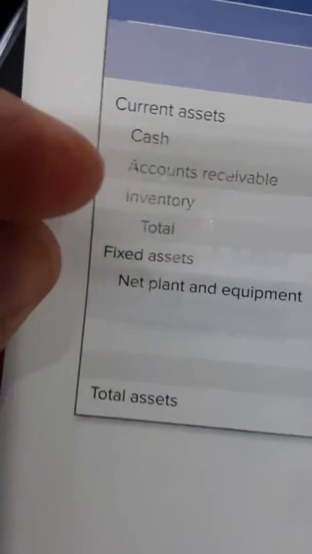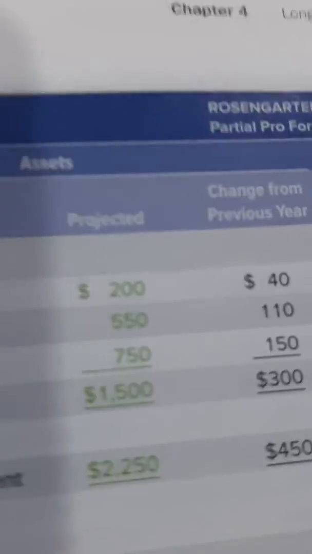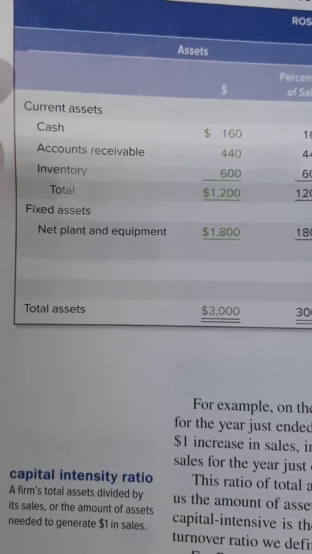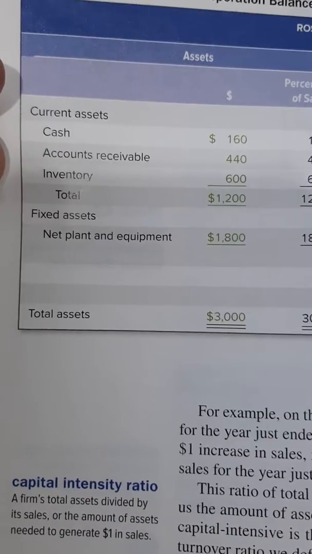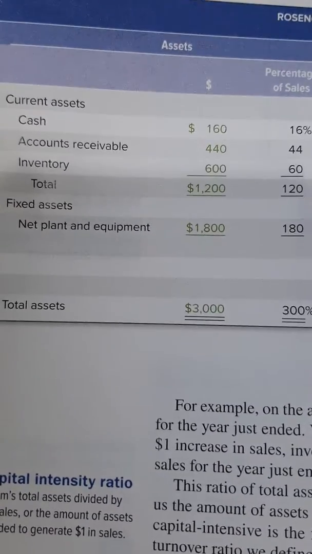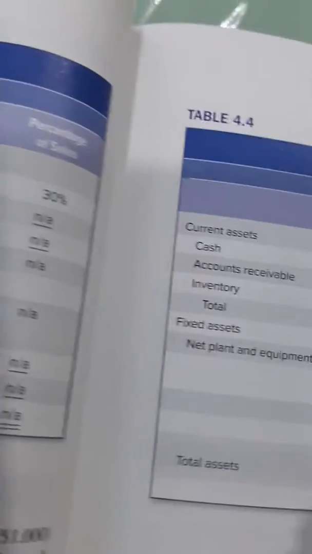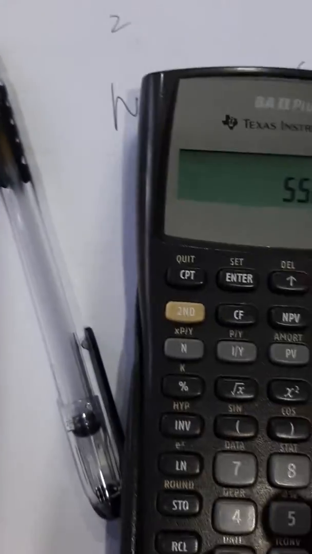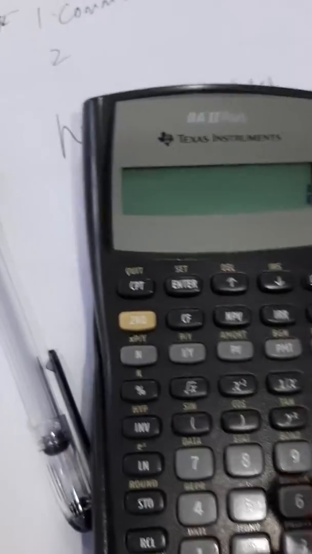What about plant and equipment? In this example, net plant and equipment will also increase by 25%, from 1,800 to 2,250.